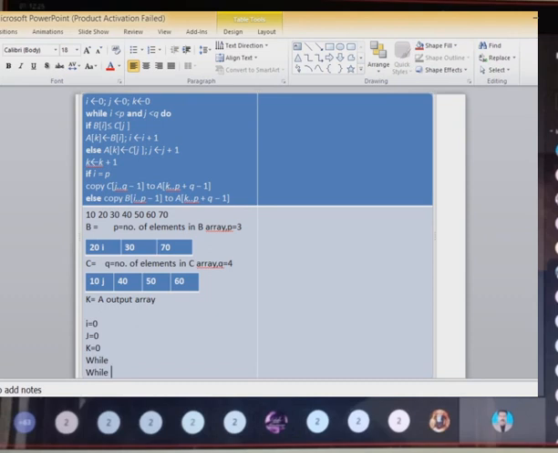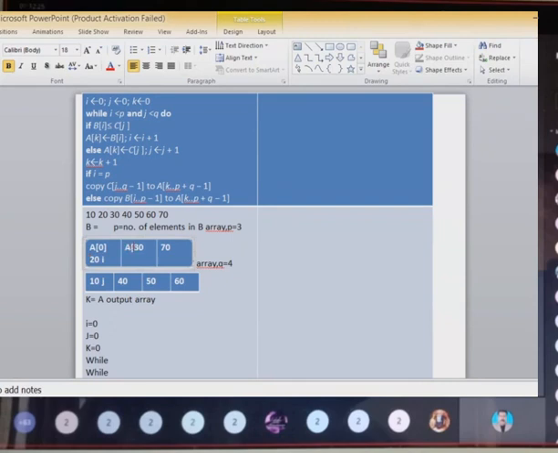I is in 0th position. Index is 0. A of 0.